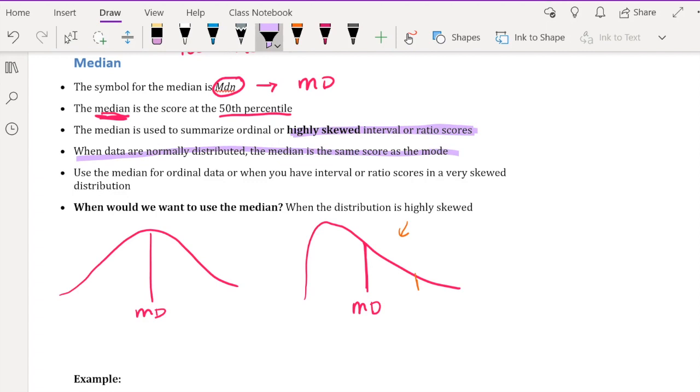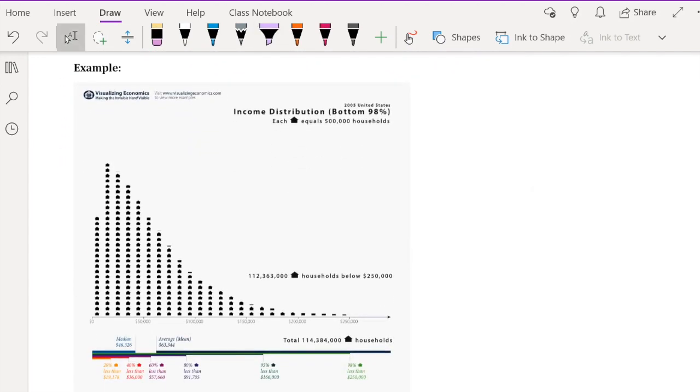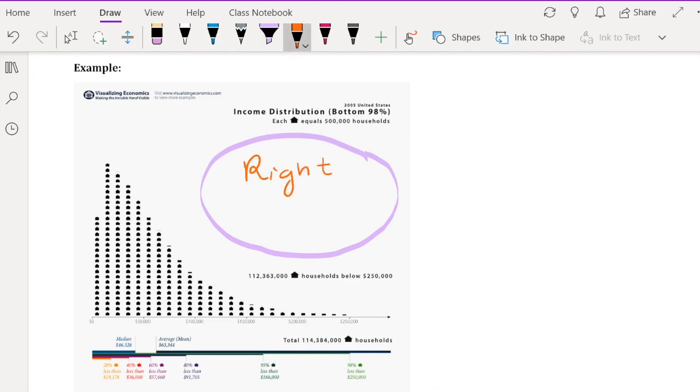Let me give you the next example. It's very popular when you have to make charts for income. So here we have income distribution, and the reason for that is because there's always going to be someone in your neighborhood that's earning a lot more than you are, or maybe they're earning a lot less than you are. So when we graph that distribution of income, it's going to be a skewed distribution. So here the blank space is to this side, so it would be a right skewed distribution.